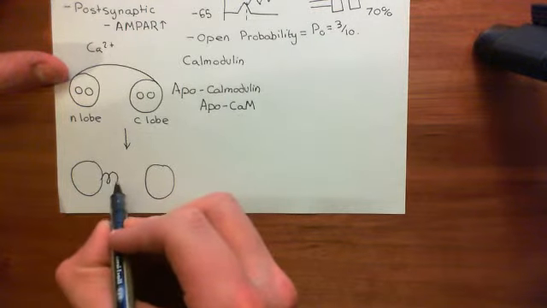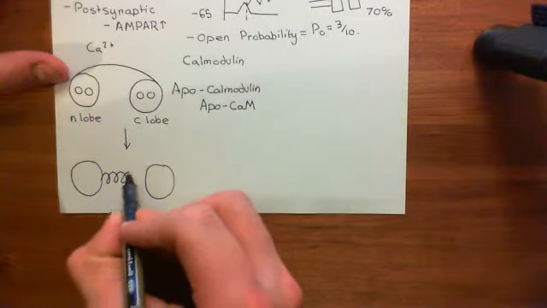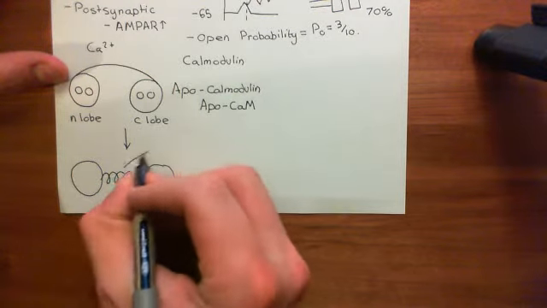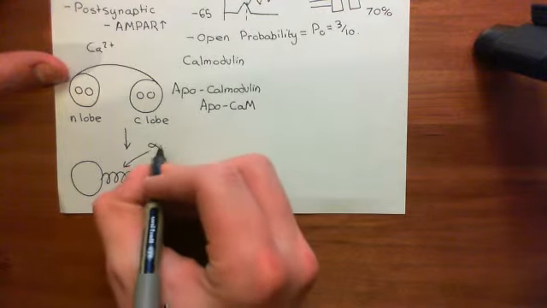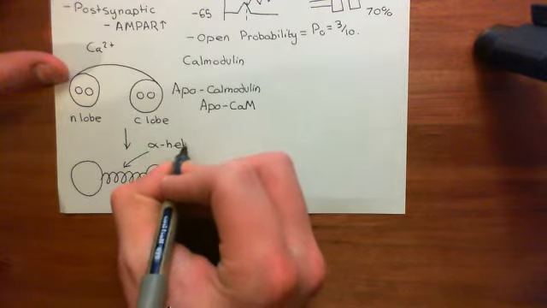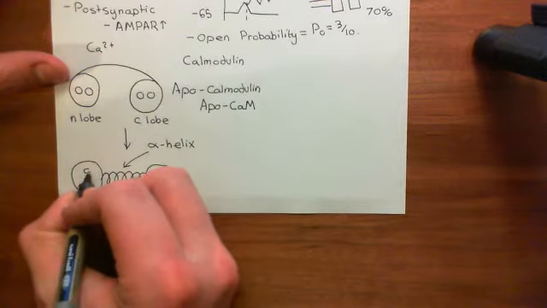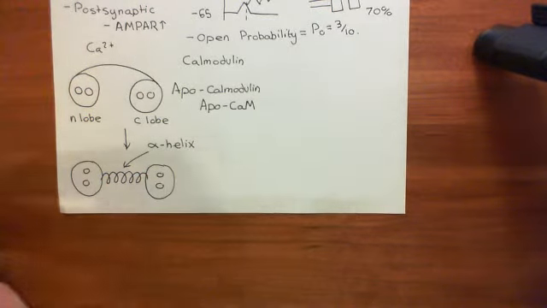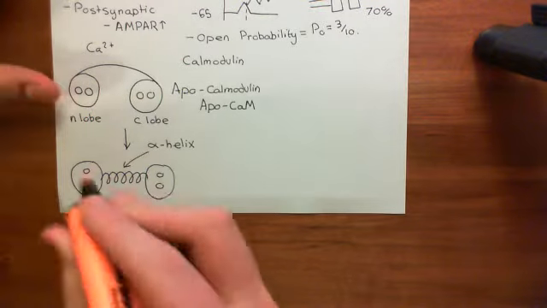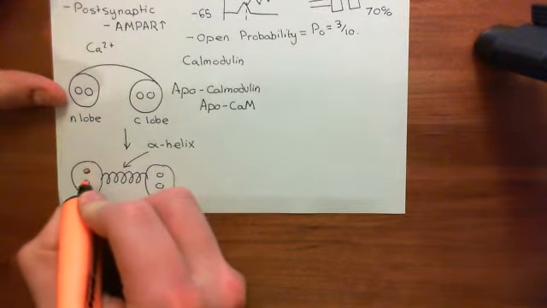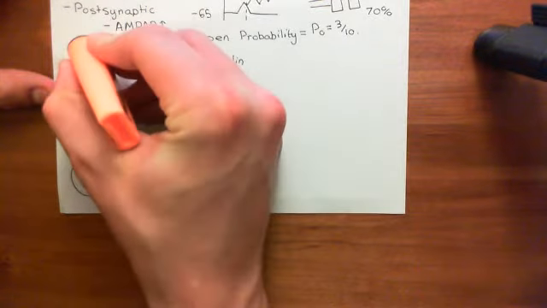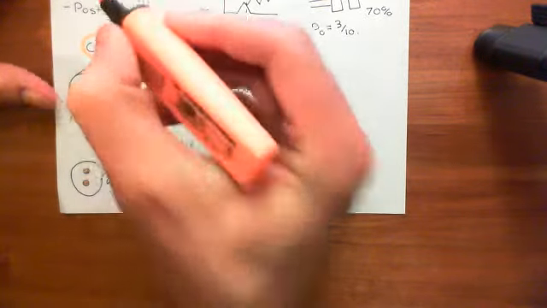Meanwhile, the linker between the 2 lobes will go from being a linear polypeptide to being an alpha helix, like so. This is when 4 calcium ions are bound to these 4 calcium binding sites on the calmodulin protein. Here in orange, this will represent the calcium ions, so I'll circle them in orange there.